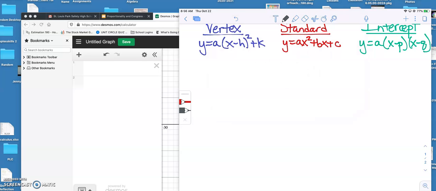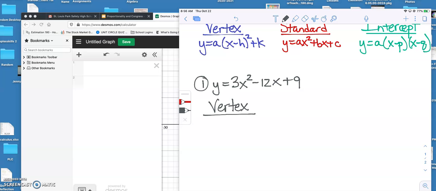The first one we're going to look at is an equation in standard form: 3x squared plus 12x plus 9. First, let's put that in vertex form. You've done this all the time because we find the vertex.